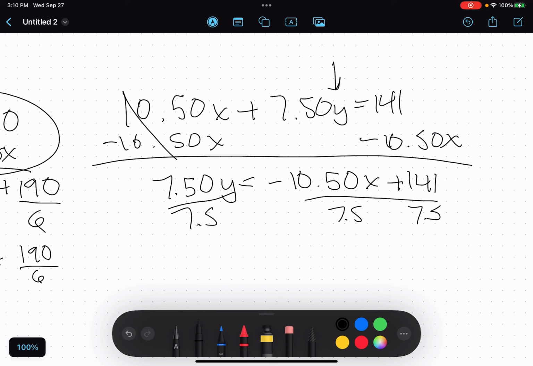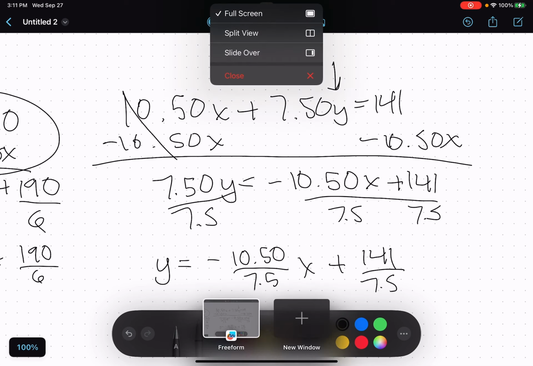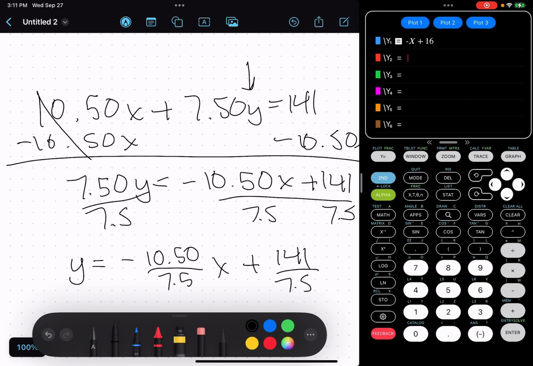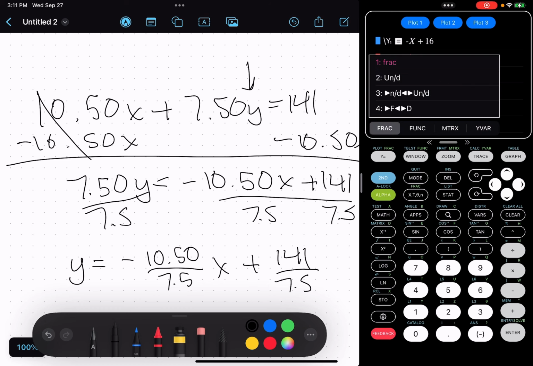And so now you can put in your y equals negative 1050 over 7.5x plus 141 over 7.5. And you can just leave it like this. That's perfectly fine, because if you try to divide your fractions, you're going to have not the best experience there. So in my calculator, I'm going to insert negative alpha y equals fraction.